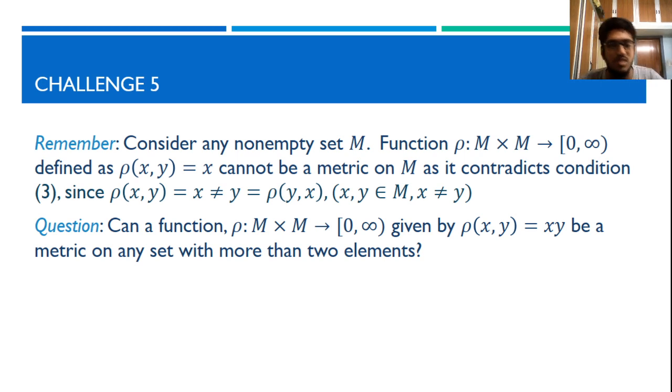I'm sorry about the buffering, there is a small problem here with the network setup. So earlier when I asked you the same thing, I presented it as a fact, with rho of x comma y equal to x, and I said it cannot be a metric because of this particular reason.